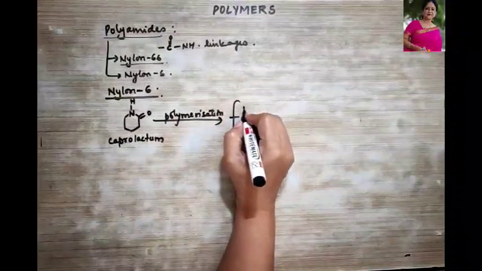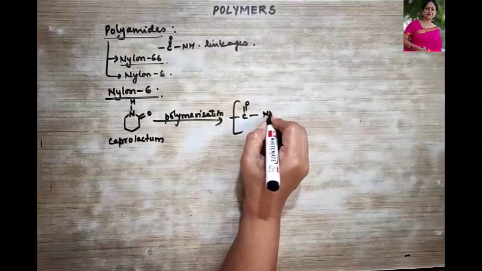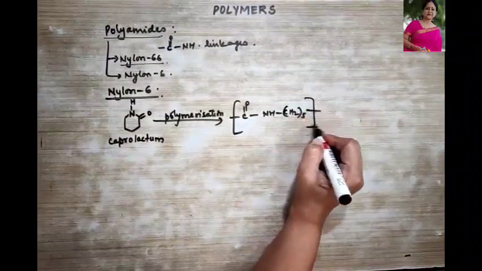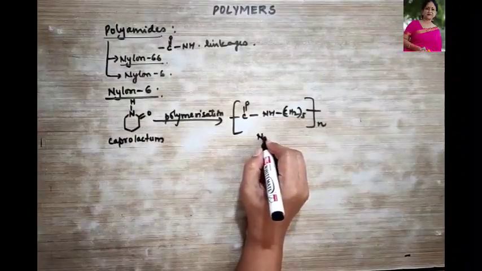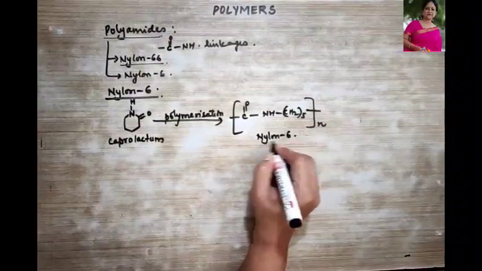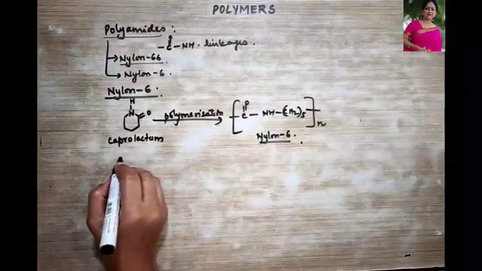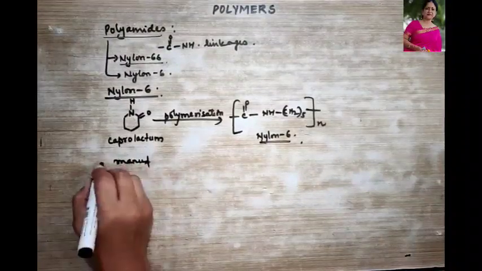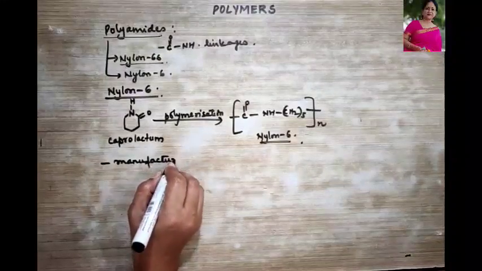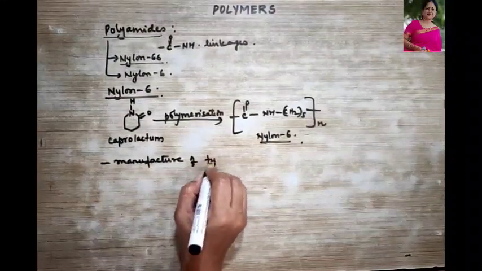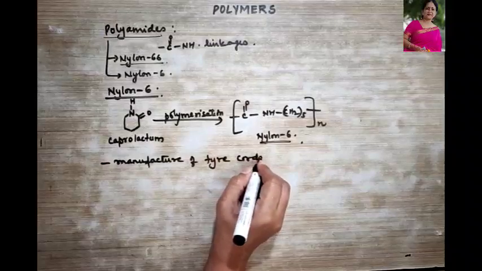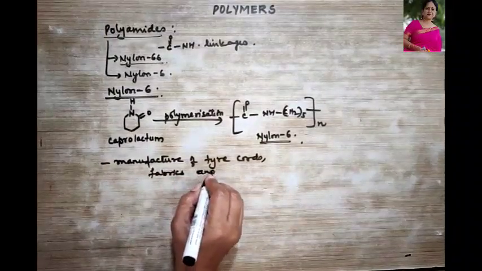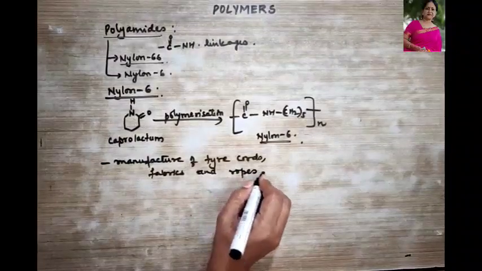It forms C double bond O NH CH2 whole 5, n. This is called nylon 6, right? And it is used in the manufacture of tire cords, fabrics, and also for making ropes.